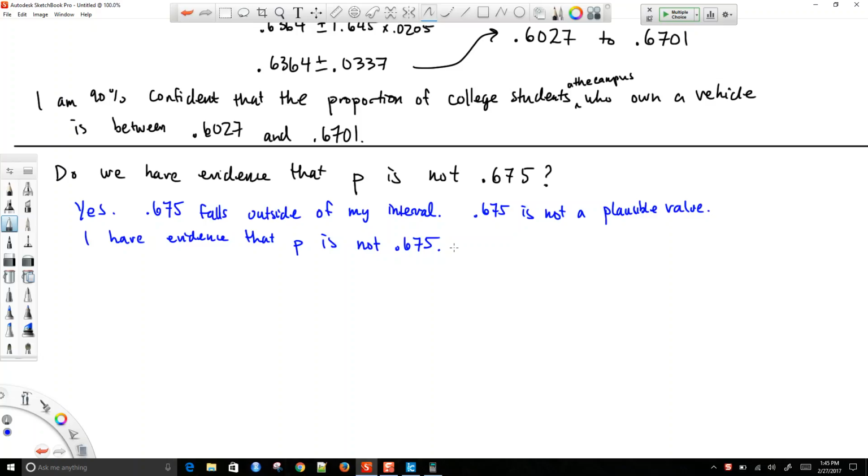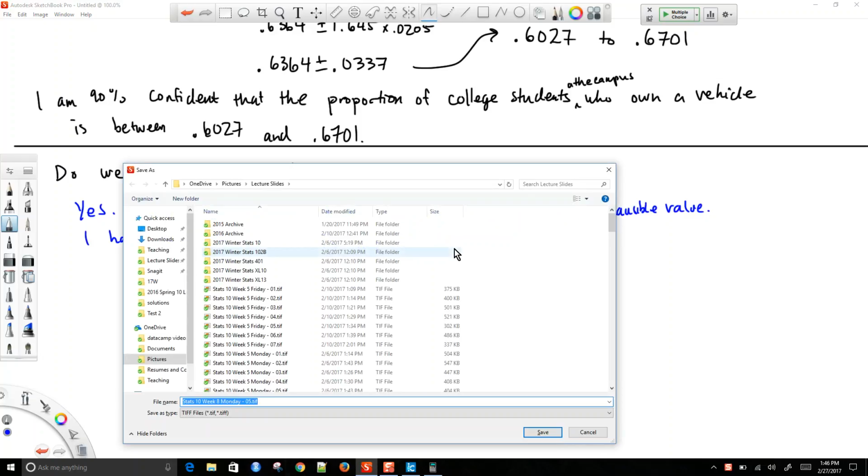Some of you might object, but let's see. When you say something's plausible, that's defined by the confidence interval you chose? Yes, exactly. So I was going to show you that. This was a 90% confidence interval. What if I made a 95% confidence interval?